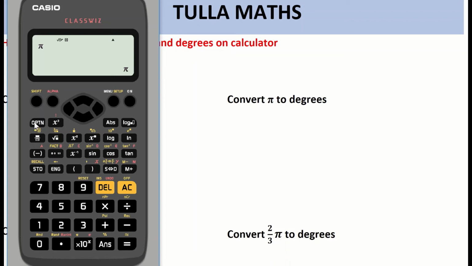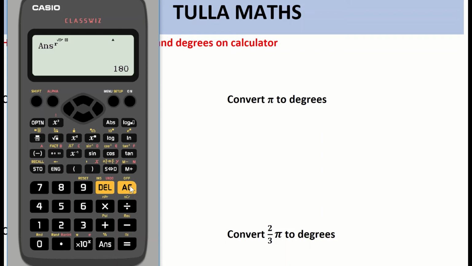So I come up to my options key. I press on that, OPTN. I click on angle unit, and I click on 2 for radians. You should now see that it says answer with the radians symbol, so your pi in radians. And if I hit my equals now, it will convert my pi radians into degrees. So hit your equals key, and up comes 180 degrees.